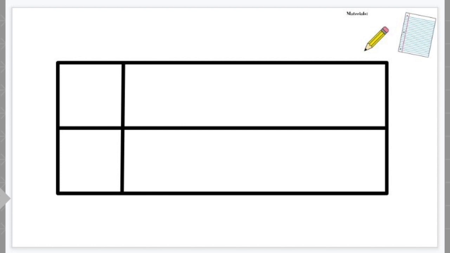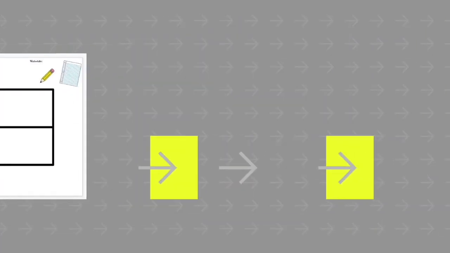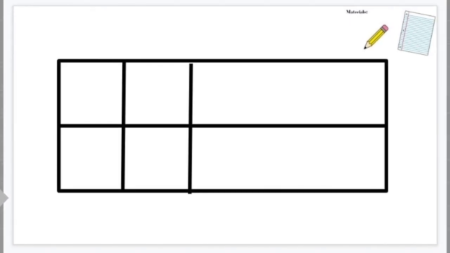So far we've created 2 of the spots in our 10 frame. Now we're going to draw another line. See, mine's not perfect either. We're going to draw another line from the top of the 10 frame to the bottom, so that instead of just 2 places, we have 4 places on our 10 frame. See what we're doing? We're creating a 10 frame.